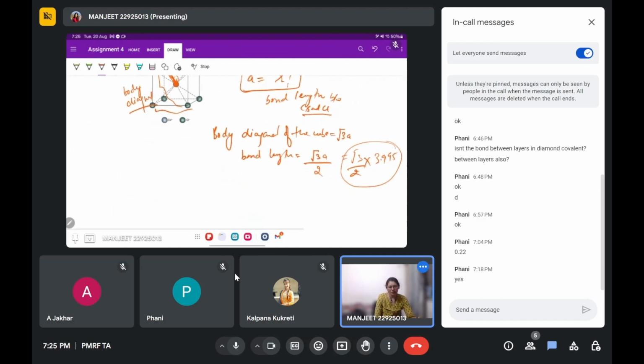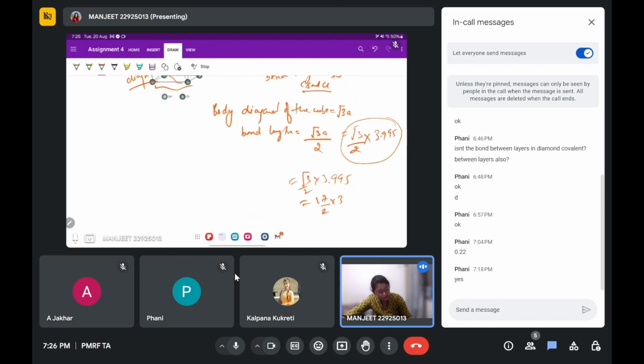So how much are you getting for this? I mean root 3 by 2 into 3.995. If you calculate root 3 into 3.995, root 3 is around 1.7, divided by 2, multiplied by 3.995.